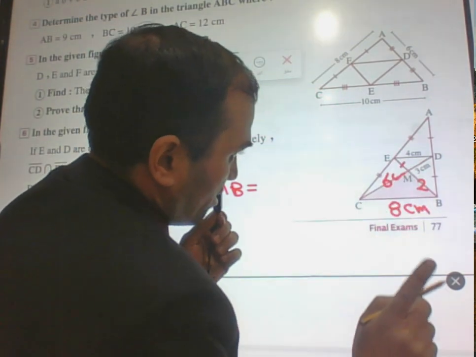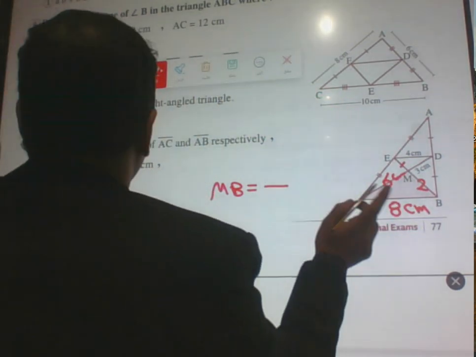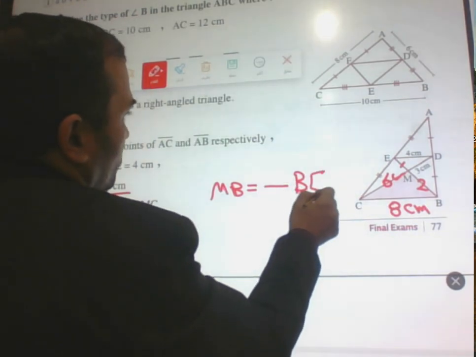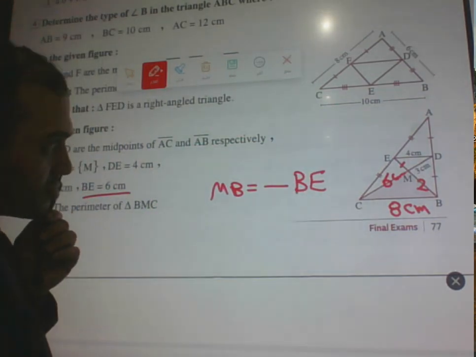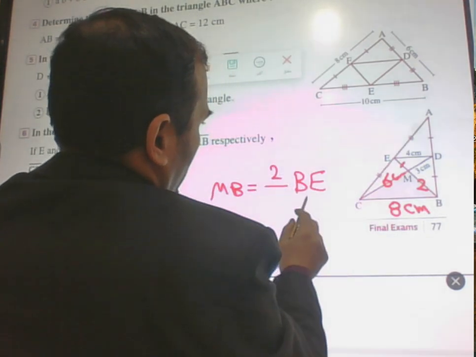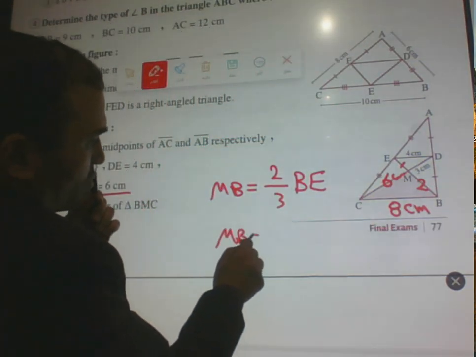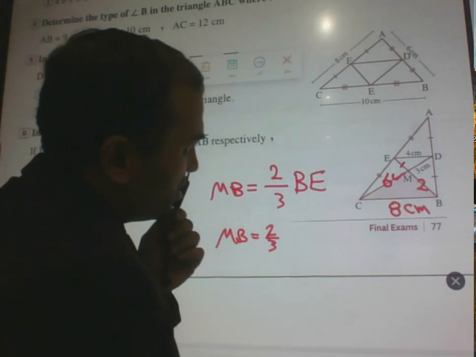Okay, so you can find the length from the ratio about MB, and he gives us BE. For MB we have 2 parts and BE 3 parts. Then MB will be 2/3 of BE.